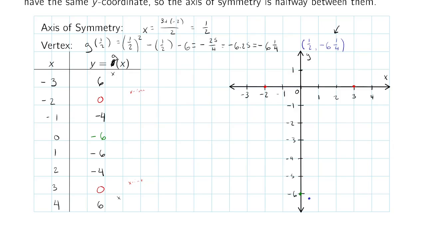And then I'm going to plot the rest of my points in this table, right? -1, -4; 1, -6; 2, -4.